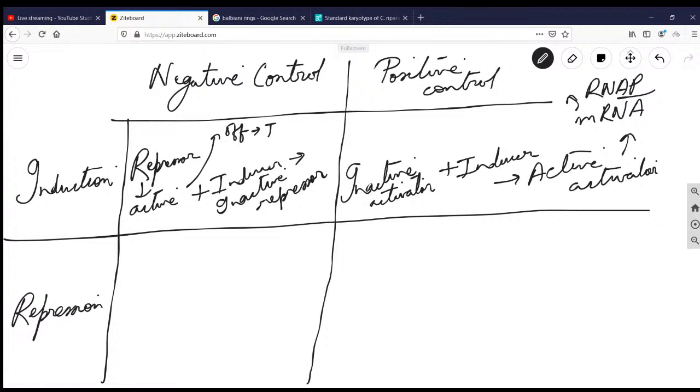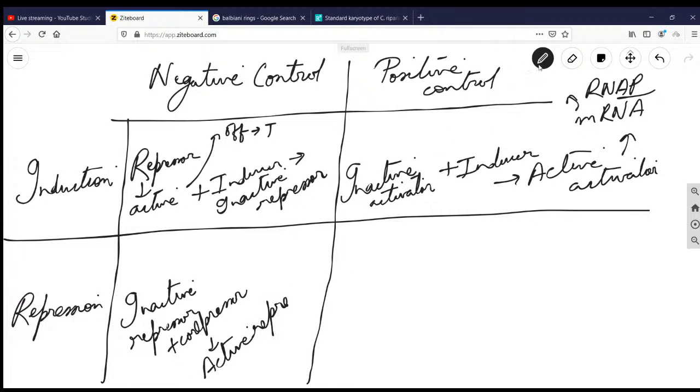Now coming to negative repression. If you have an inactive repressor, the operon is on. But then a co-repressor comes, which makes this inactive repressor an active repressor and shuts down the operon.